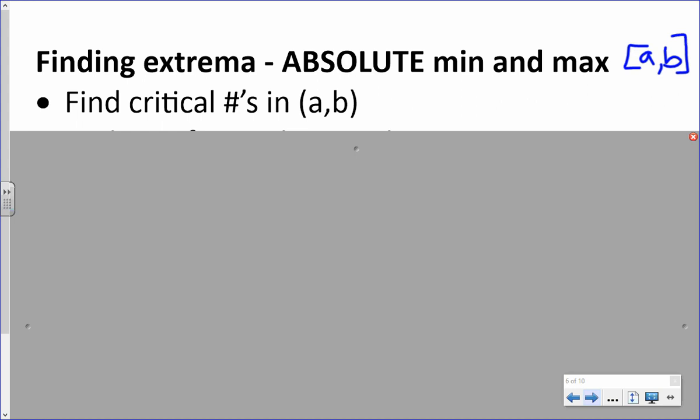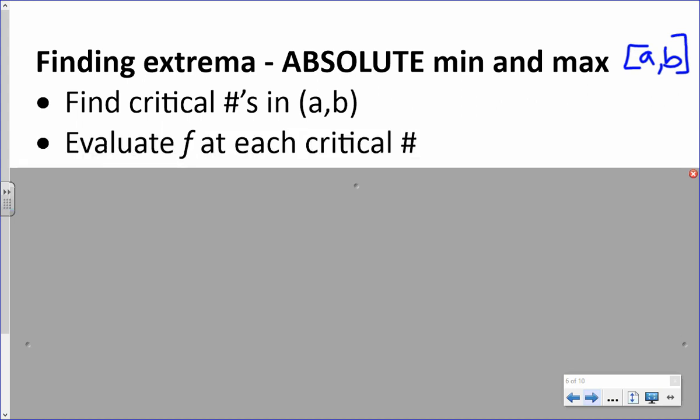Remember, critical numbers are defined to be where our derivative is 0 or undefined. You are going to evaluate your function at each critical number. f of 0 is 5. f of 10 is 22.